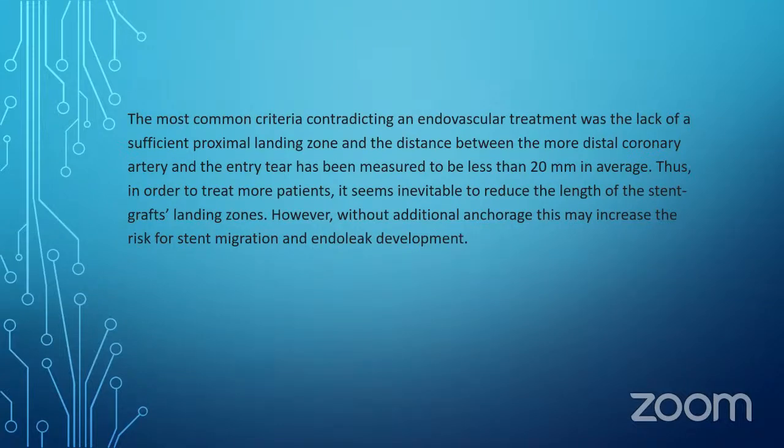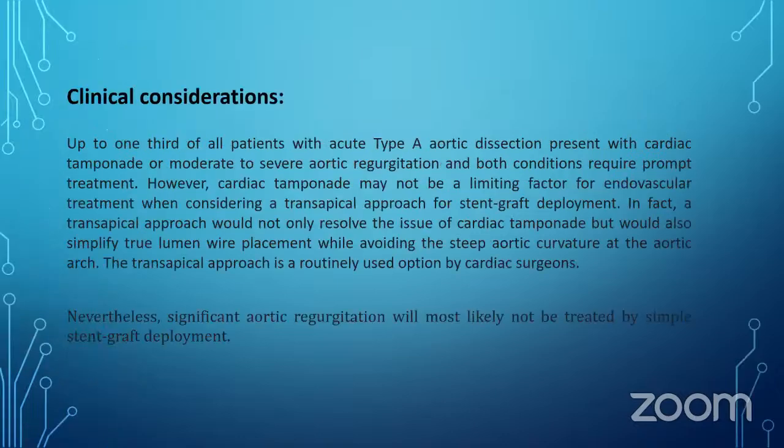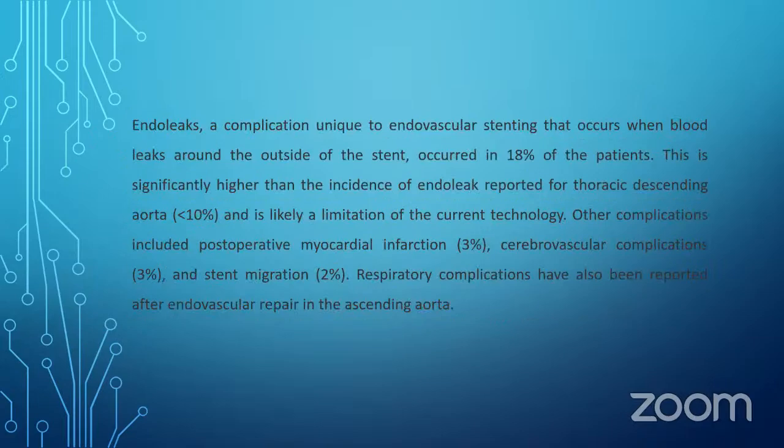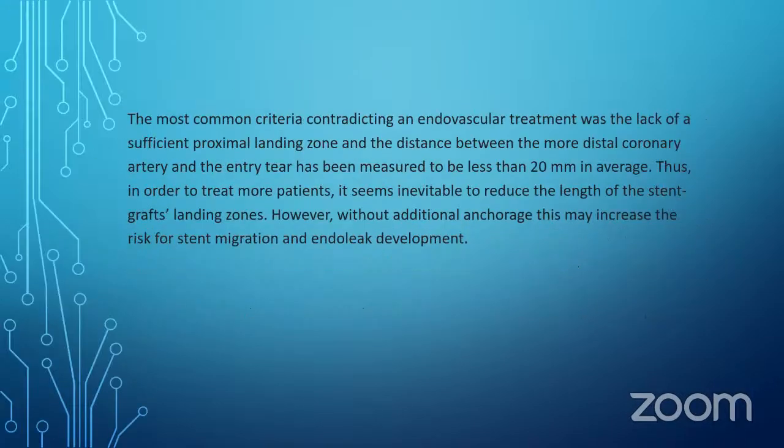So it should be far away from the bifurcation of the aorta and not less than 20 millimeters on average. Because if it is less, we have complications, and the stent will migrate. So it's better to have a 20 millimeter landing zone.